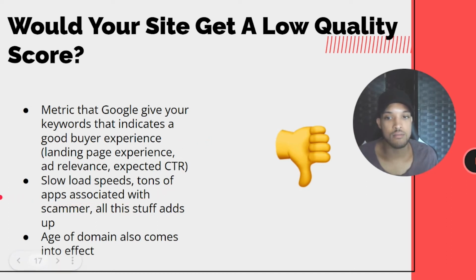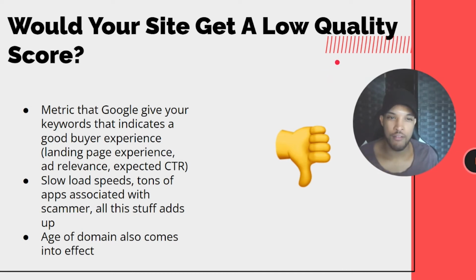Things such as slow load speeds, tons of apps, stuff scammers use, how old your domain actually is. So, if you just fired up your domain yesterday, that's definitely going to affect this. That could be a factor. You could get banned, or it'll just be another nick onto your validity in the market. So these are all things to really keep into account, so you actually know how Google's rating you, and it's not just a black and white thing.